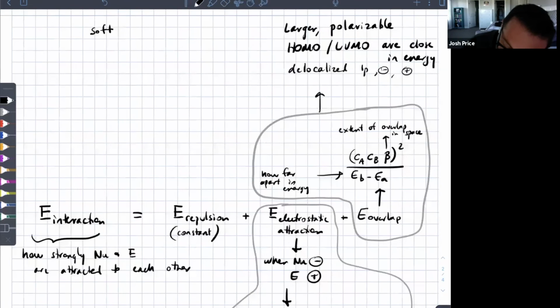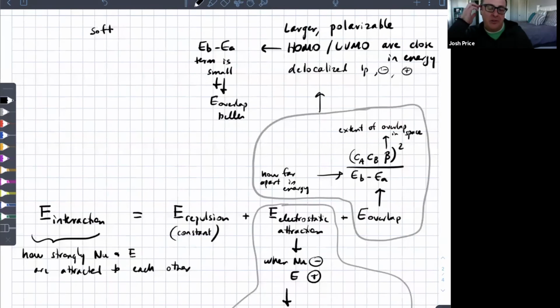Because HOMO and LUMO are close in energy, the EB minus EA term in the overlap energy is small. It's in the denominator, so that makes the overlap energy better. And we actually learned this in chapter 14 or wherever it was, that when we mix two orbitals together and they're close in energy, we get a more favorable mixing interaction.